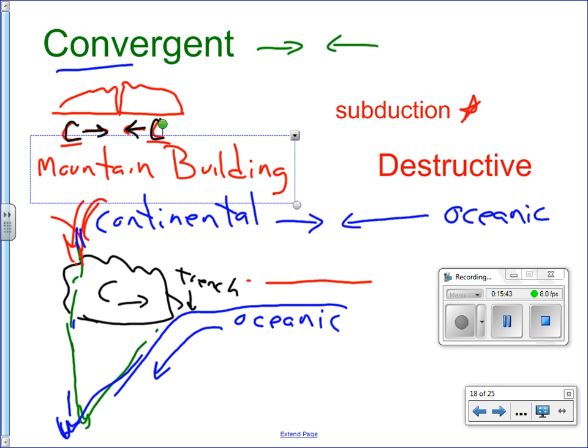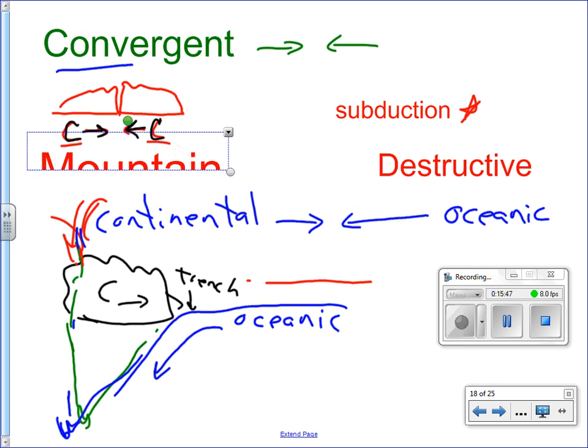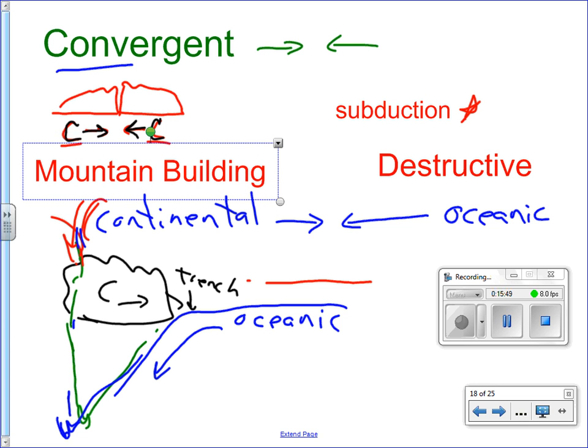And here we get mountain building. And so the crust is just pushed into each other and pushes upwards, making mountain ranges. And again, that's continental, continental. The same thing would happen if both plates that are moving towards each other are oceanic. They're of the same density, and so they just kind of move upwards.